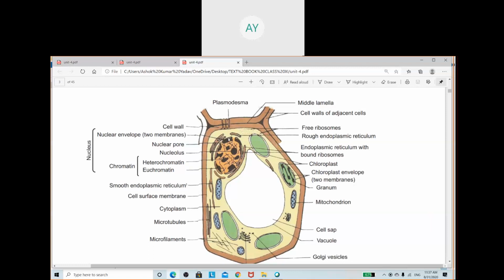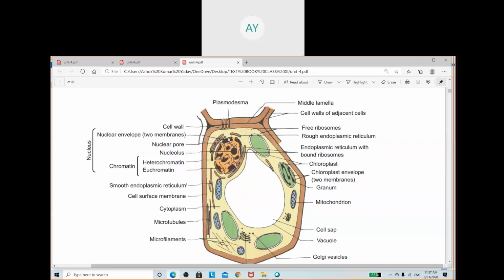So try to know and try to write the word cytoplasm. Have you written the topic? Cell structure and function. I have told you this topic, and inside that, first you try to know what is cytoplasm: a liquid inside the cell between the cell membrane and nuclear membrane.